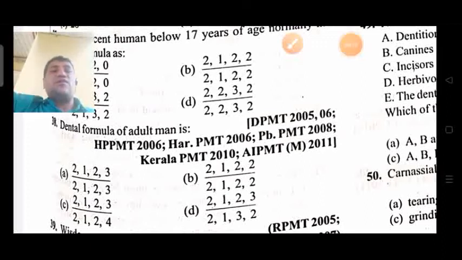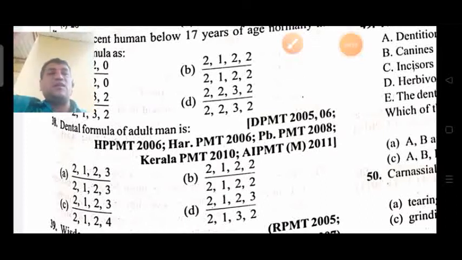The answer for the dental formula is 2 1 2 3 by 2 1 2 3.